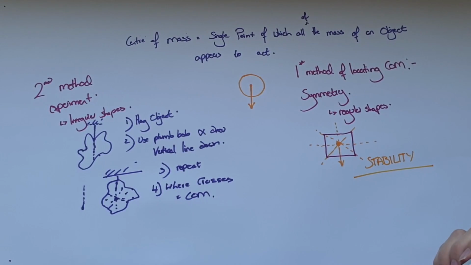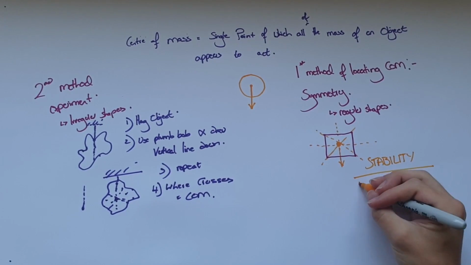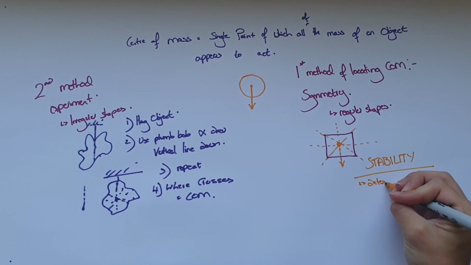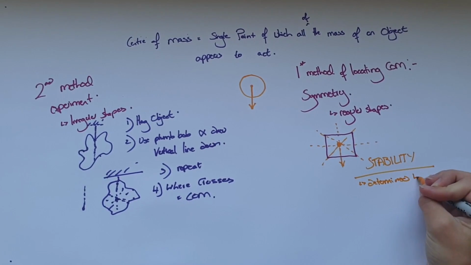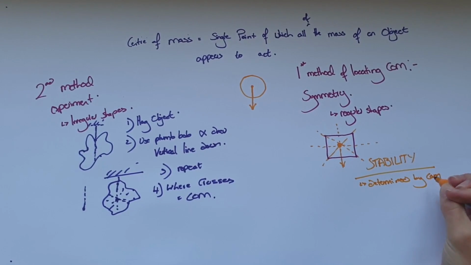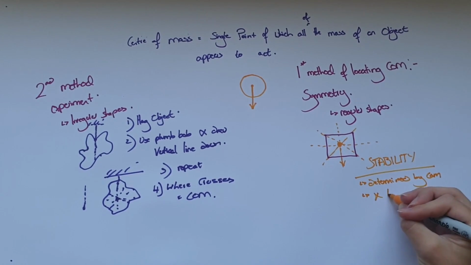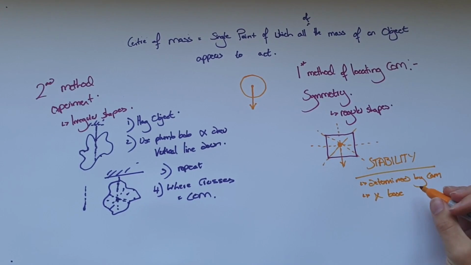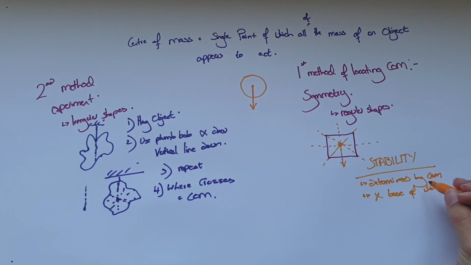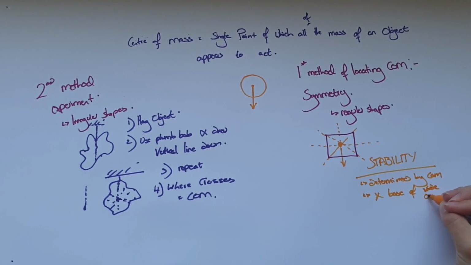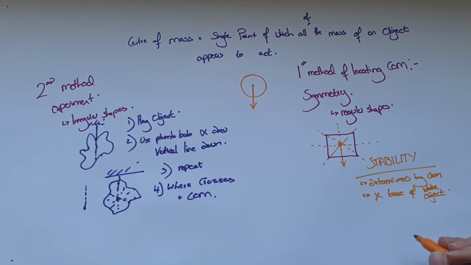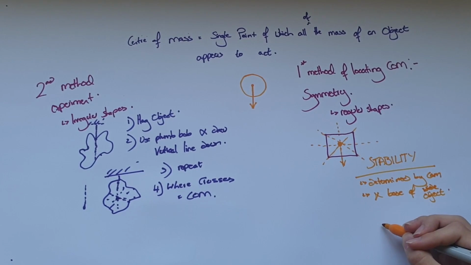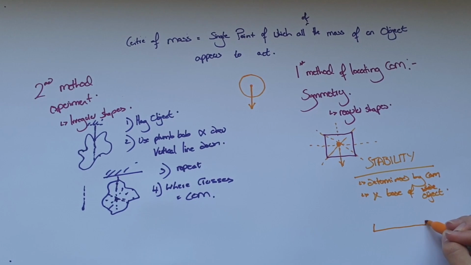So stability is actually determined by the centre of mass and the base of the object. Say you have a wide base and a low centre of mass, something that looks a bit like this.